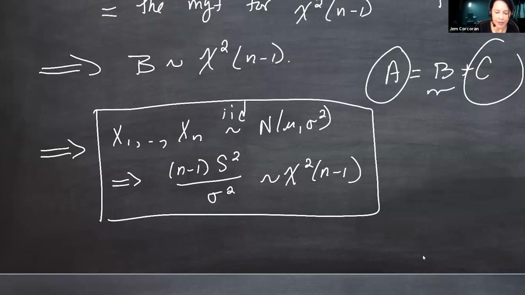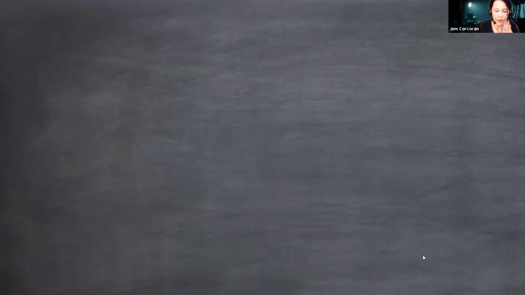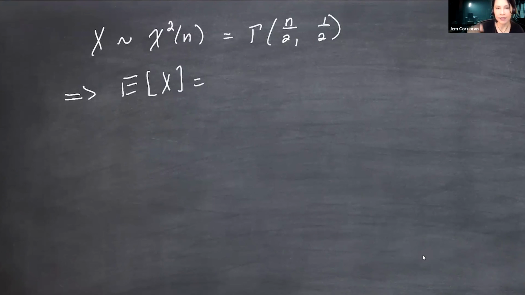So we're going to start using chi-squareds even more, and I have a minute, maybe less, left. So let me give you, I don't know if we wrote this down yet, that if we have a chi-squared n, that is a gamma n over 2, 1/2. And this tells me that the expected value of a chi-squared is alpha over beta for the gamma distribution, so it is n.